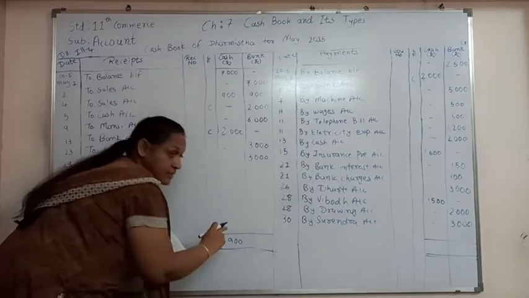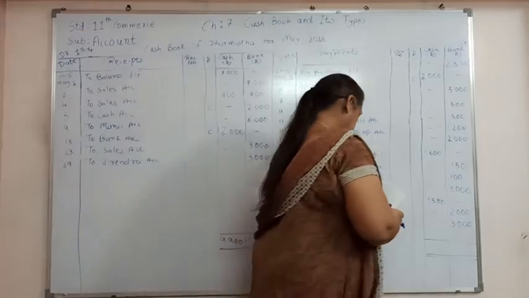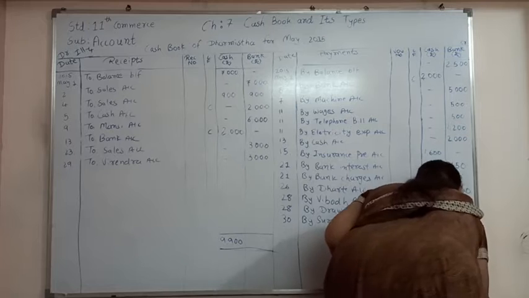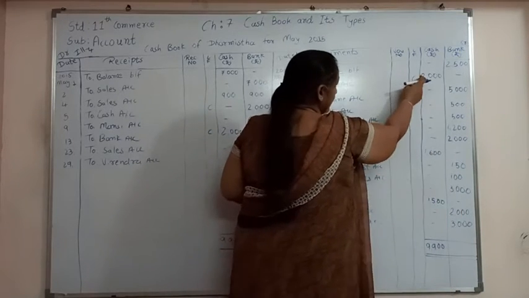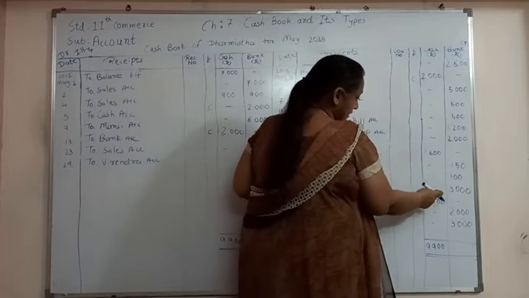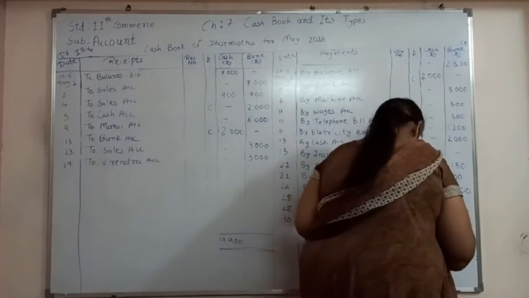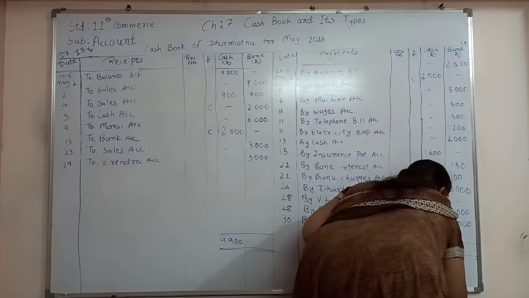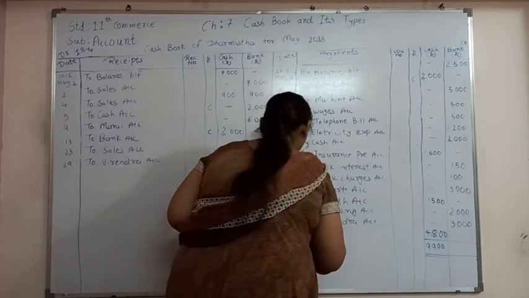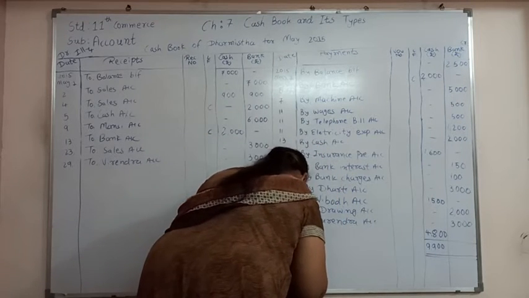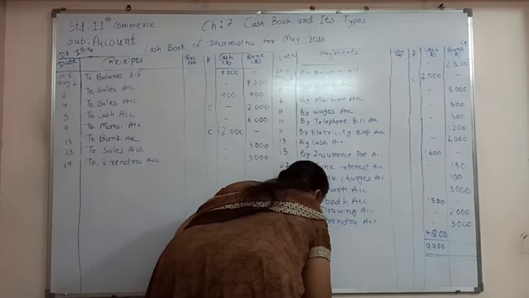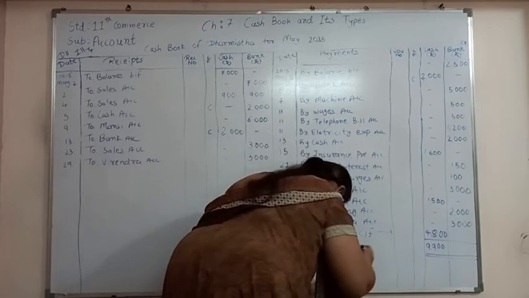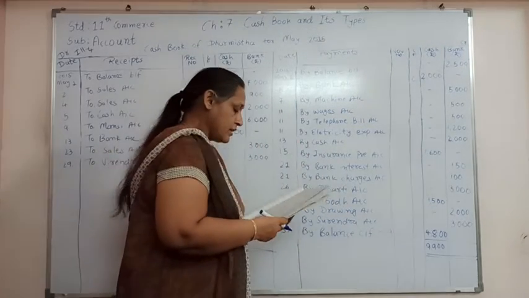This 9900 we are going to take on the credit side. From this 9900, if we deduct 2000, 1600, 1500, we are going to have the balance of 4800. So this is our balance on 31st May. This is called balance carried forward. So this balance we are going to carry forward to the next month.